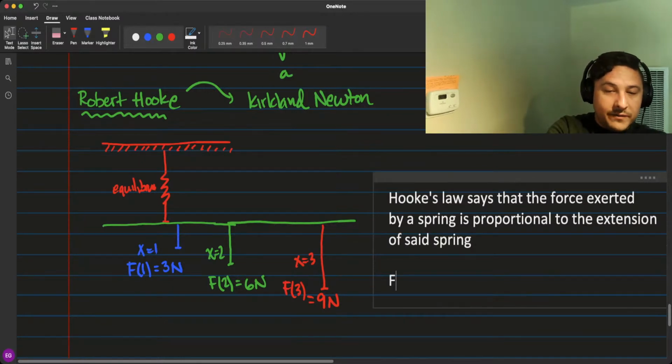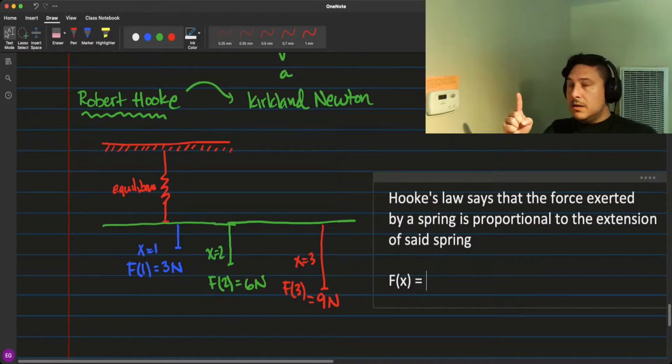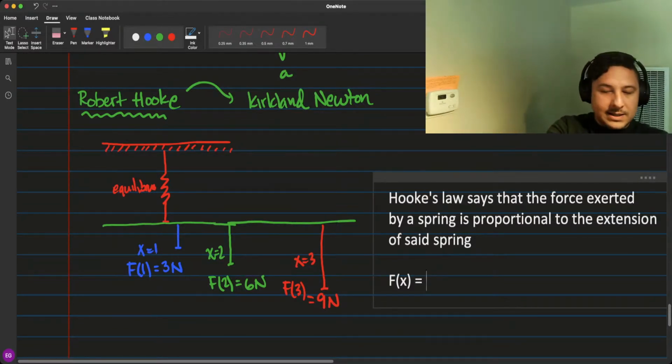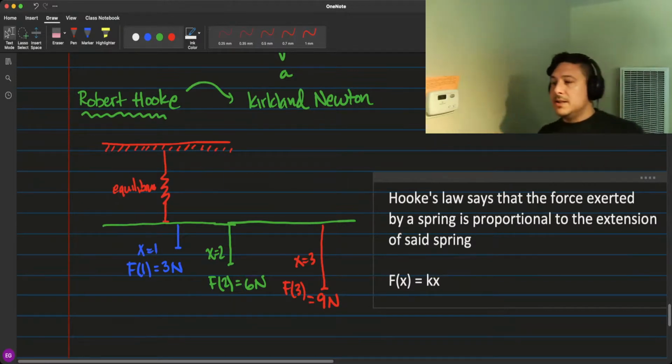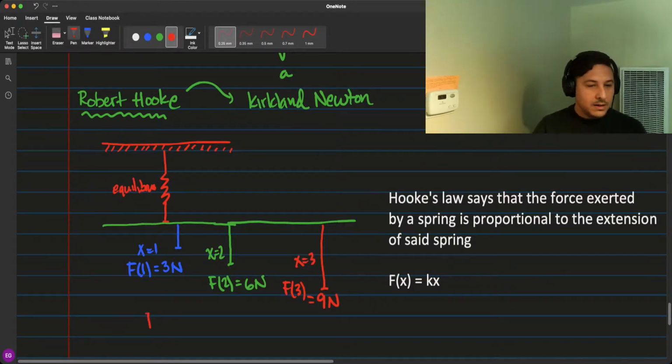In other words, if you extend a spring by some amount x, the force is always going to be equal to some constant times x. Right? What's my constant in this example over here? What was my f of x? Yeah, it was 3.